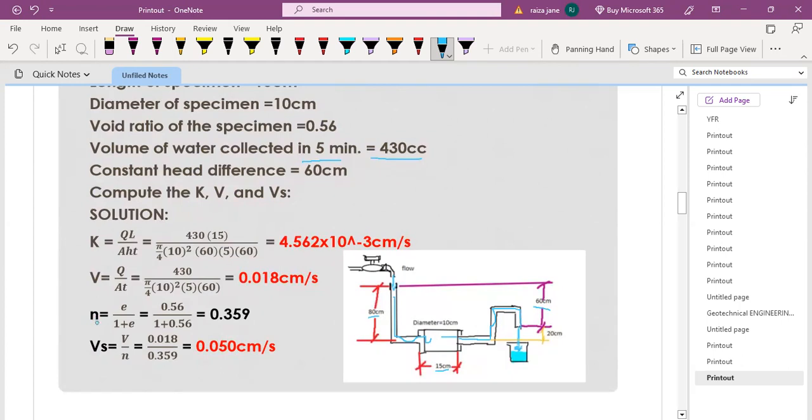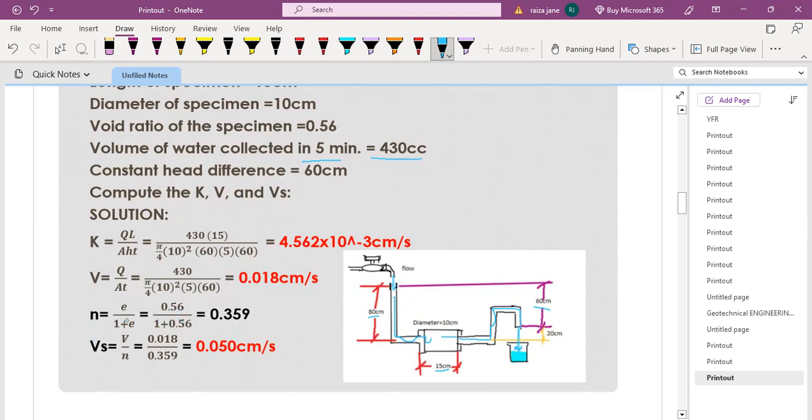Pero, pwede rin naman na let's just say, i-input na lang natin tong 0.56 over 1 plus 0.56. But, yung ginawa ko is sineparate ko na lang bago ko siya i-compute dito.